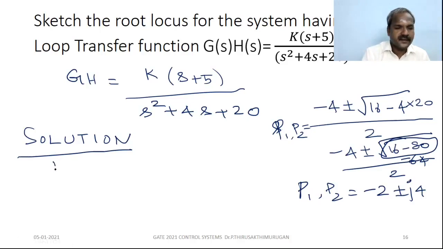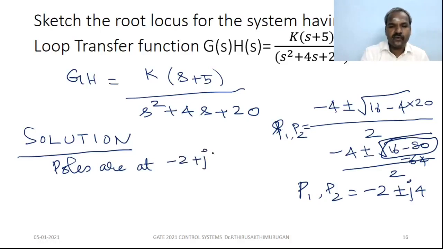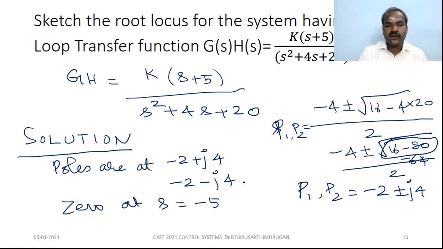So poles are at minus 2 plus j4 and minus 2 minus j4. The zero is at S equal to minus 5. So number of poles equal to 2, number of zeros equal to 1.